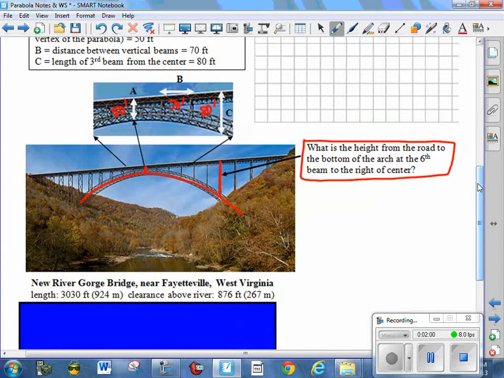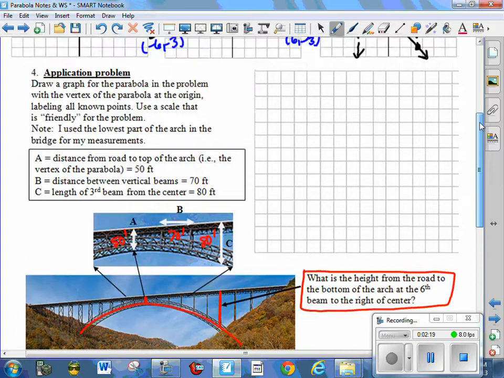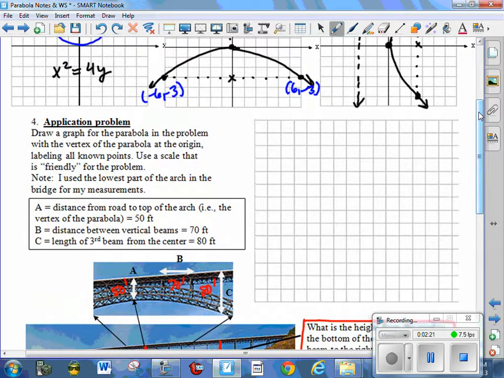So let's use some of that information to do the picture. If this little short distance at the top of the arch right here is 50 feet, and this is what we're trying to find, we don't want to make each box worth 10, or we're probably not going to have room on our grid to get down to here. So I'm going to make each of my boxes worth 20 in the y direction. So I need to go up from the top of the arch up to the road, which is 50.